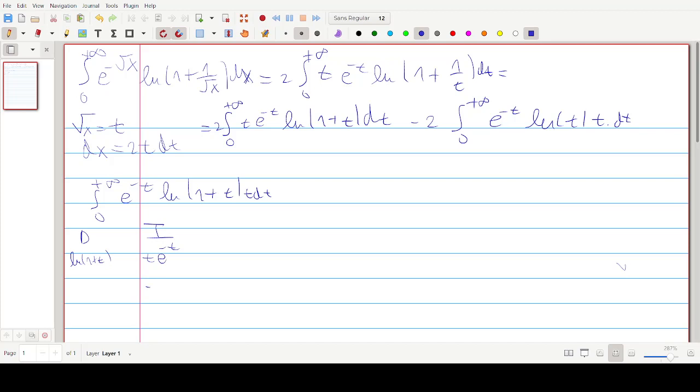From here we get minus e^(-t)(1 + t), and here we get 1 over 1 + t. From here we get minus e^(-t) ln(1 + t) times (1 + t) evaluated from 0 to infinity, plus the integral from 0 to infinity of e^(-t) dt.